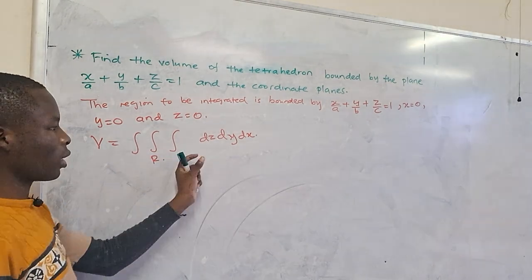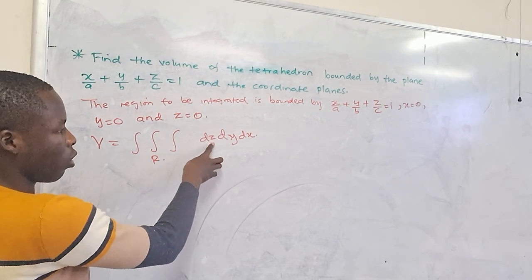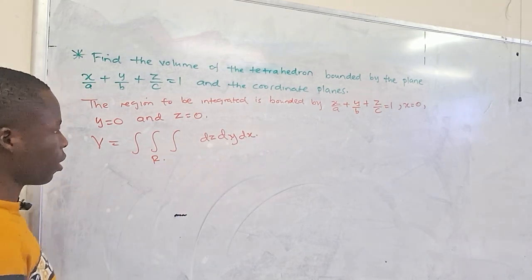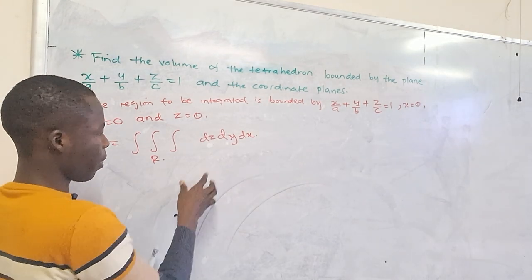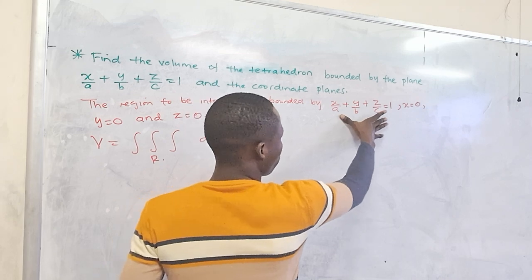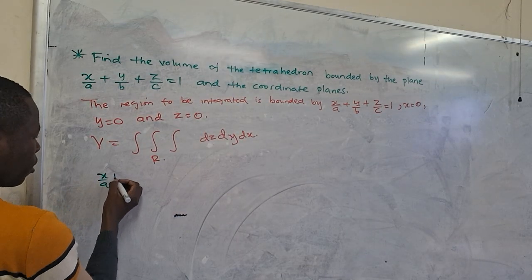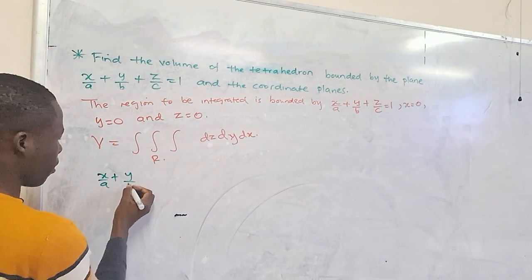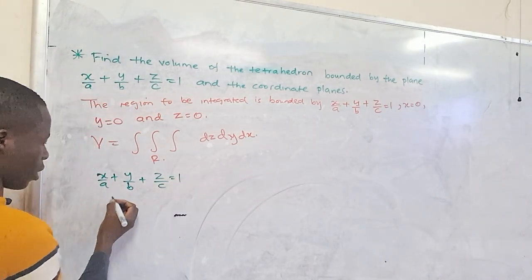Now you are supposed to find the limits, the upper and lower limits. In order to find the limit for z, we are going to use this: x by a plus y by b plus z by c is equal to 1.